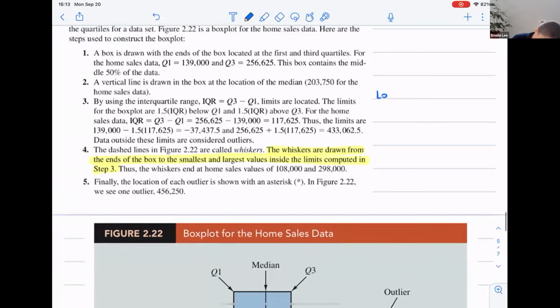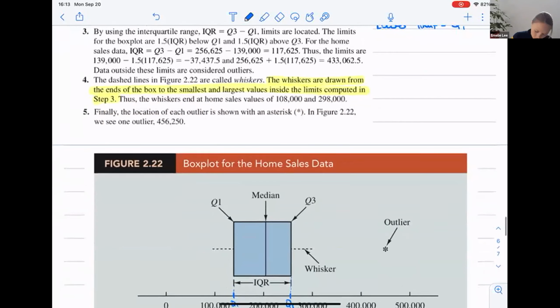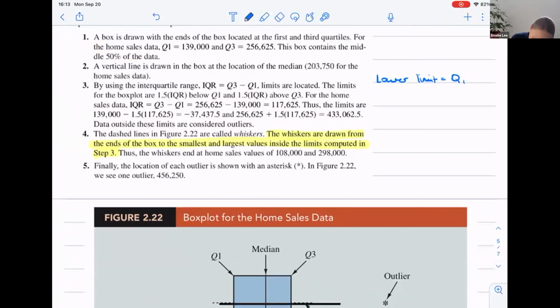The lower limit is going to be Q1. From Q1, we want to move down some distance, because we allow some distance without calling them outliers. So from Q1, we're going to go minus 1.5 times the interquartile range.